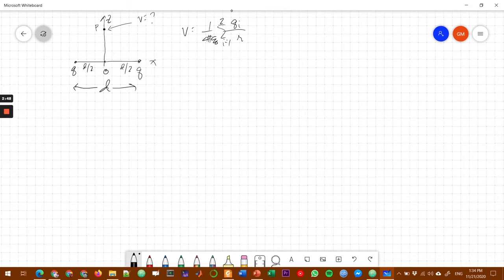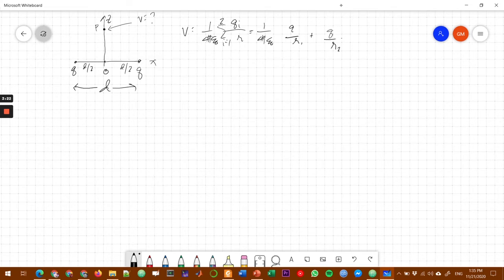Expanding this, we get 1 over 4 pi epsilon naught times Q1 over R1 plus Q2 over R2. By the way, Q1 and Q2 are both Q, so it's just Q.